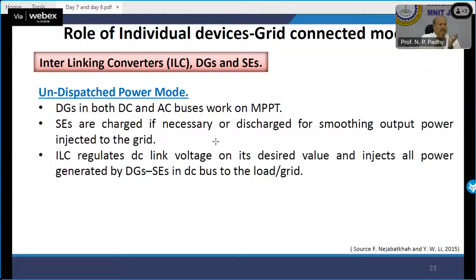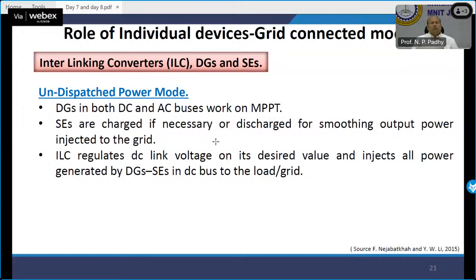Only when you get a signal of the status, then you react. That is my secondary control. But ILC goes along with the DC bus. It goes along with the distributed generations. It goes along with the energy storage devices. So ILC, DGs, and energy sources, they are actually local. Am I right? Yeah, we can.